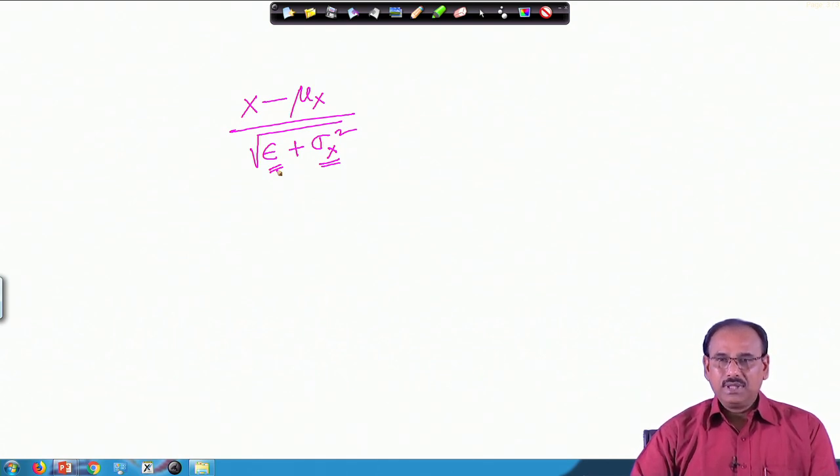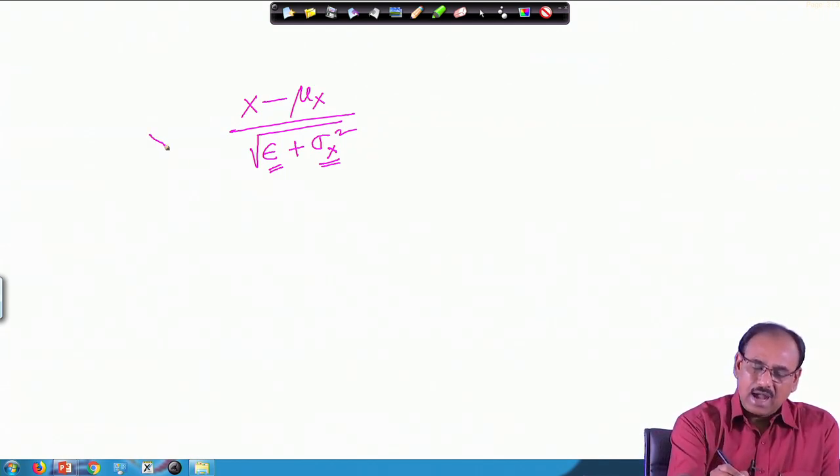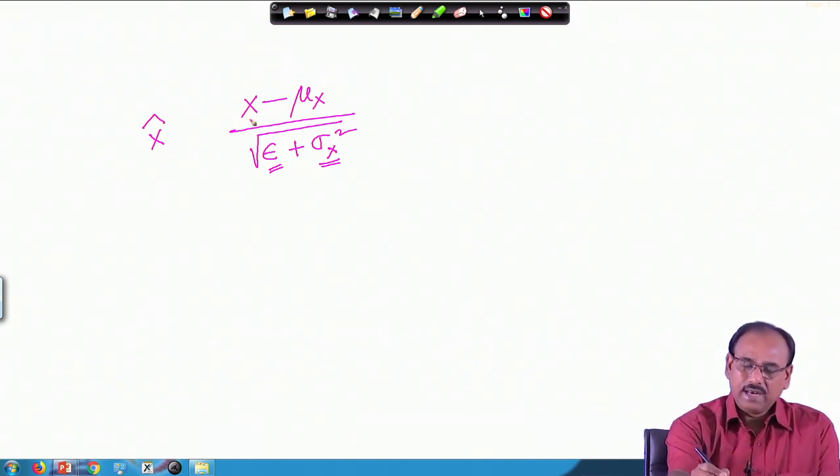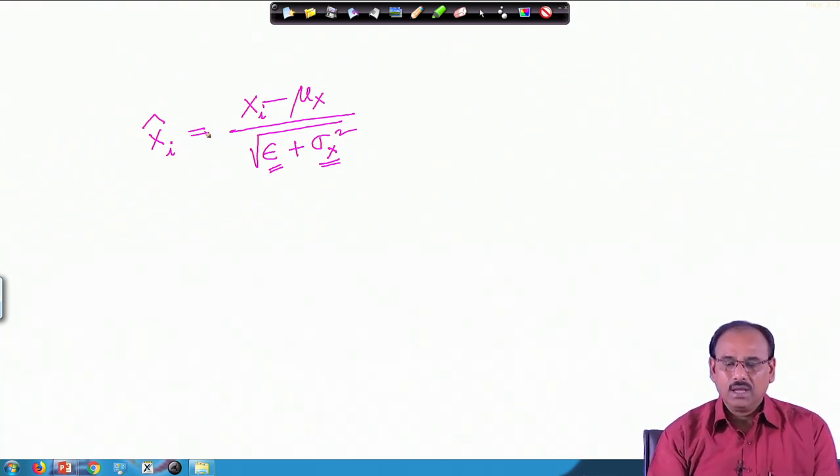So, apart from this sort of normalization, the next operation that is done is what is known as reparameterization. What is reparameterization? Suppose through this process, I have my normalized data, which is x hat. Given an input data x_i, the normalized data is x_i hat.